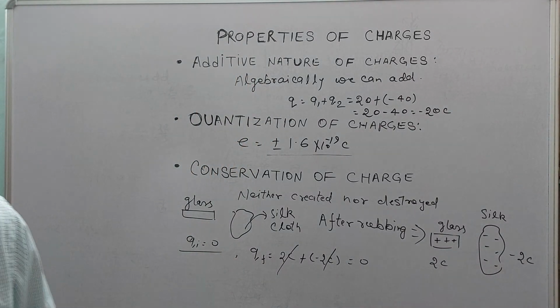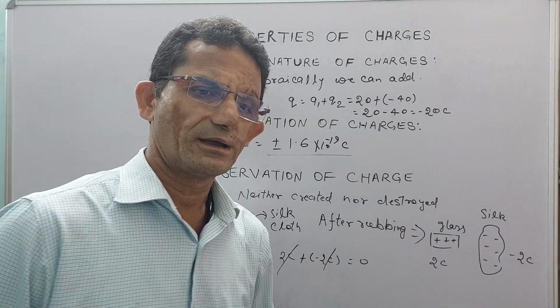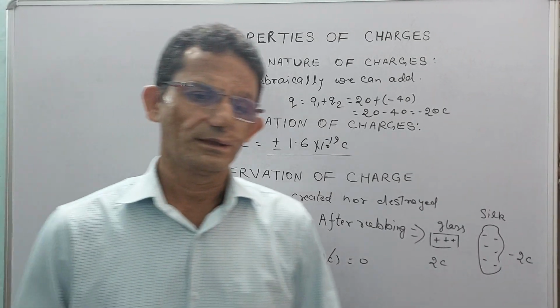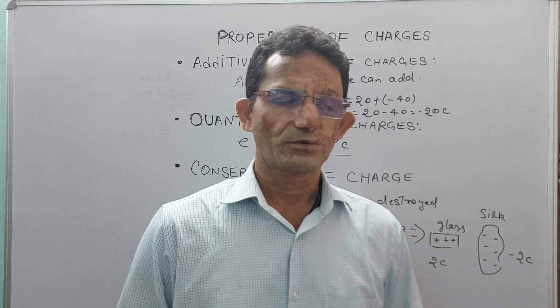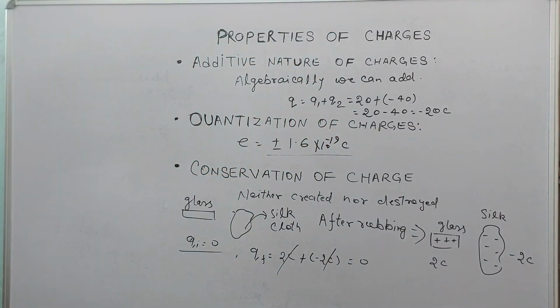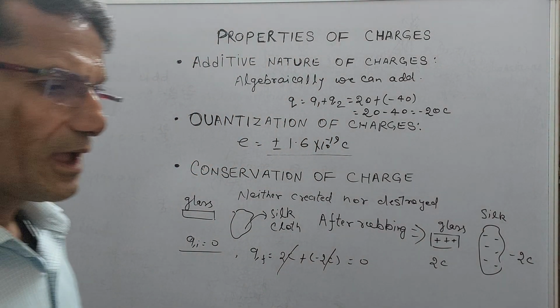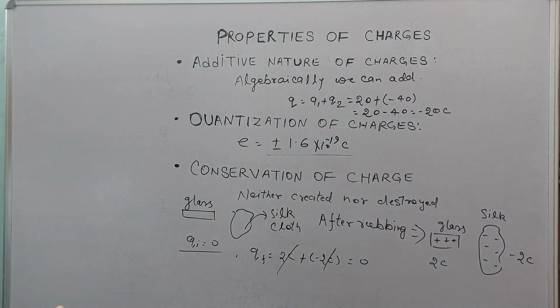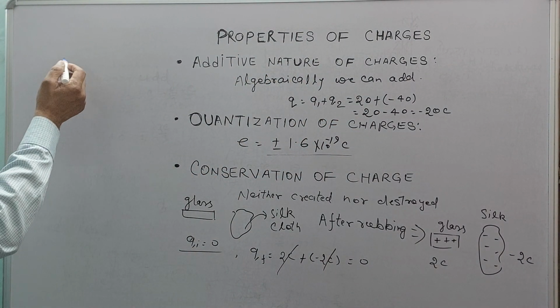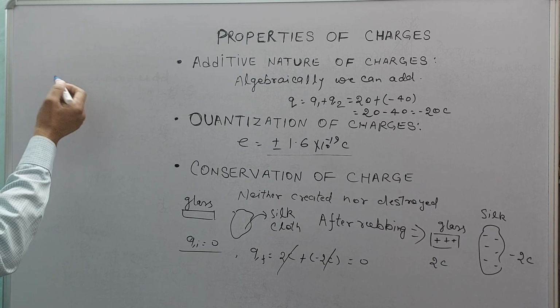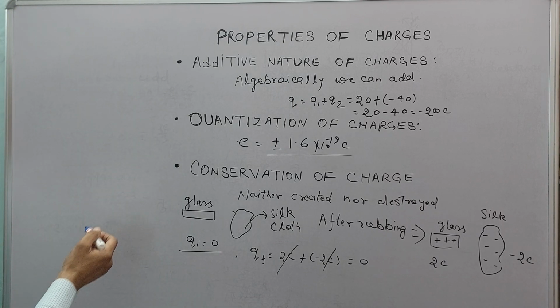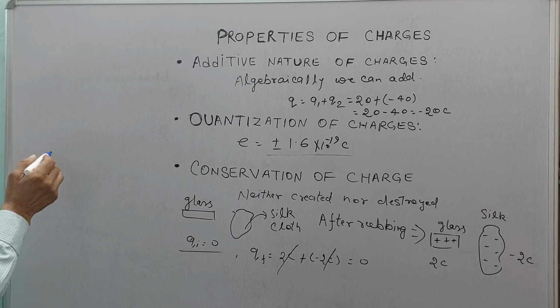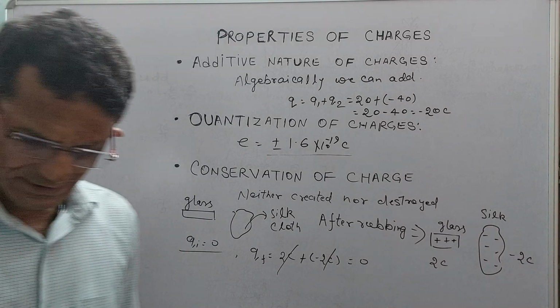If I take examples from nuclear physics, in nuclear transformation, when we bombard uranium atoms with slow moving neutrons, these are fission reactions. From nuclear energy, if I take this example, it becomes clear that charge is again conserved.